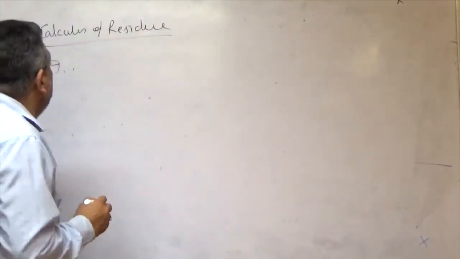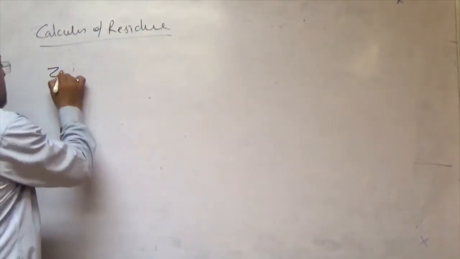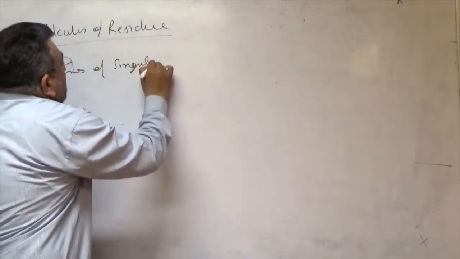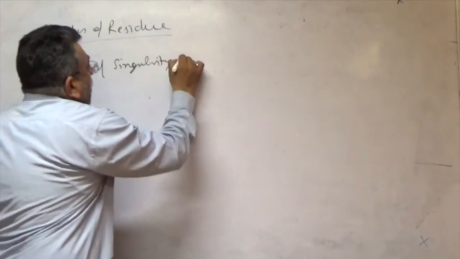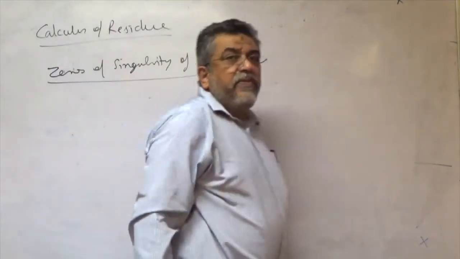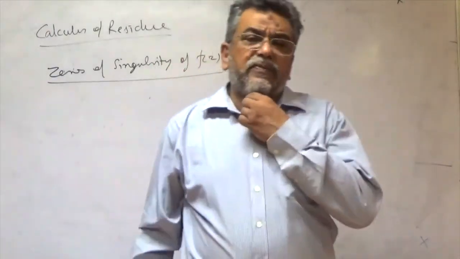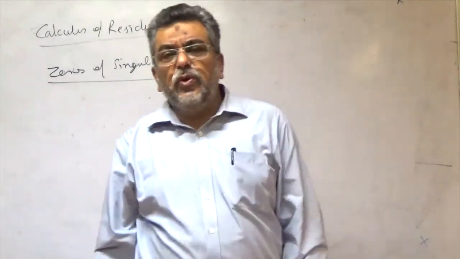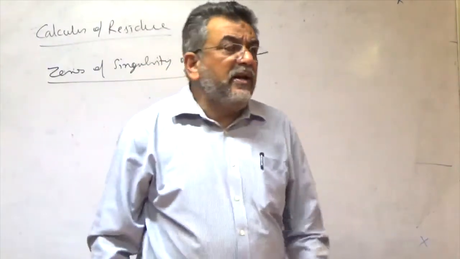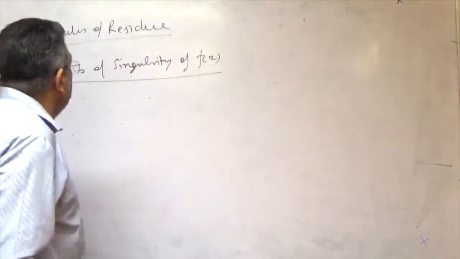First, we define here what are the zeros and singularity of complex function f(z). In last chapter, I just introduced zeros and some singularity, but here I will discuss in detail zeros.